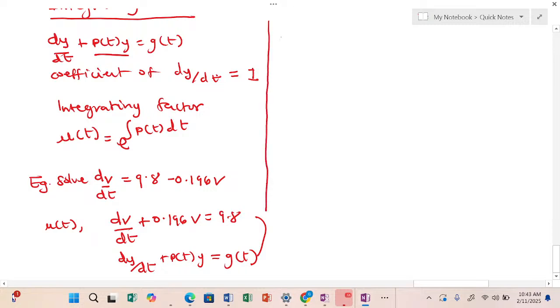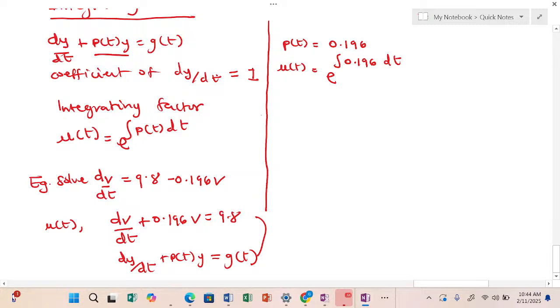So now that we have it that way, we can see that our p of t is equal to 0.196. So now we can find our mu of t. And mu of t is e to the power integral of p of t, which here becomes 0.196 dt.